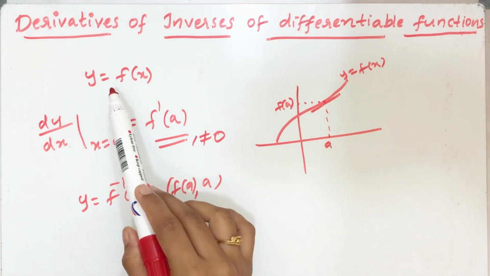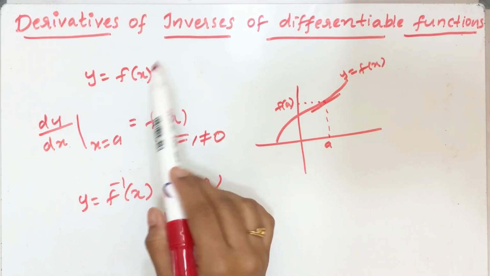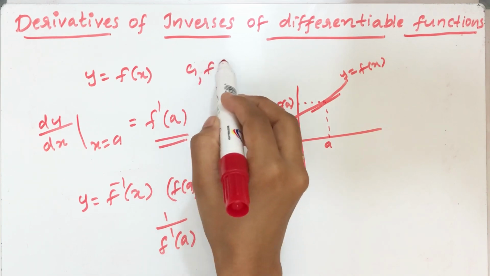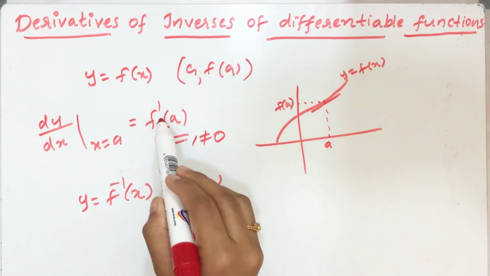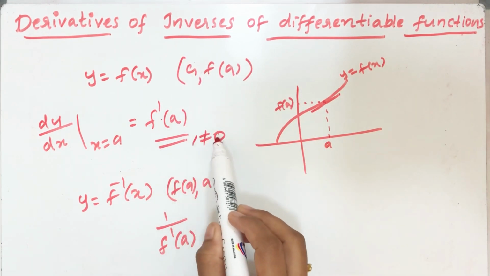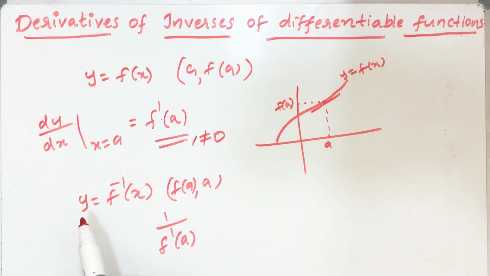So if slope of a function y equal to f of x at the point a, f of a is equal to f dash of a and it is not equal to 0, then the slope of the function y equal to f inverse of x at f of a equals 1 by f dash of a. That is, slopes are reciprocal of one another. Slope of a function and its inverse are reciprocal of one another.